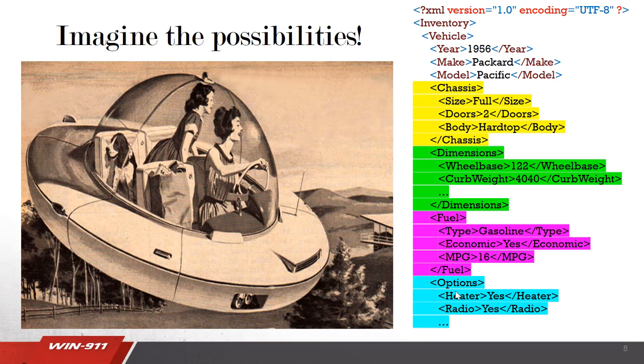And so what one person considers a vehicle inventory may differ from what another person considers a vehicle inventory. And what particular bits of data are relevant for a task at hand could certainly change. But it's important to take away that XML is this very extensible markup language that lets you model an object with really the level of complexity that you need.